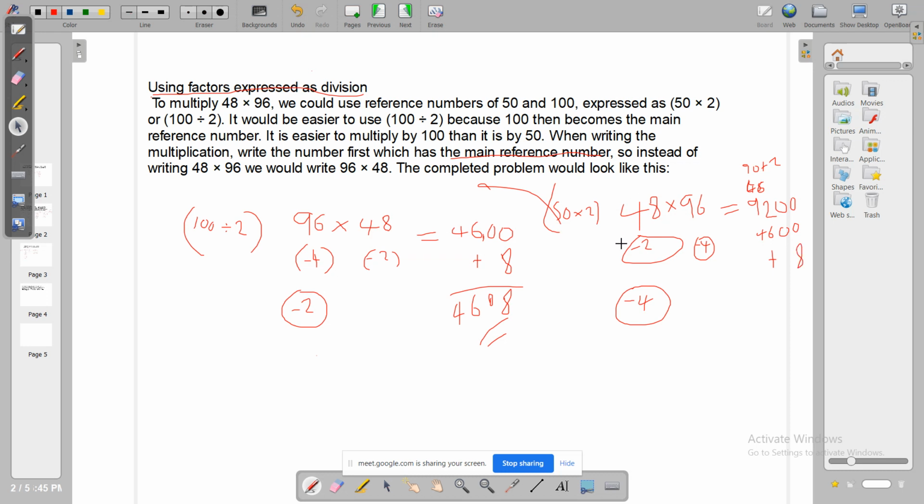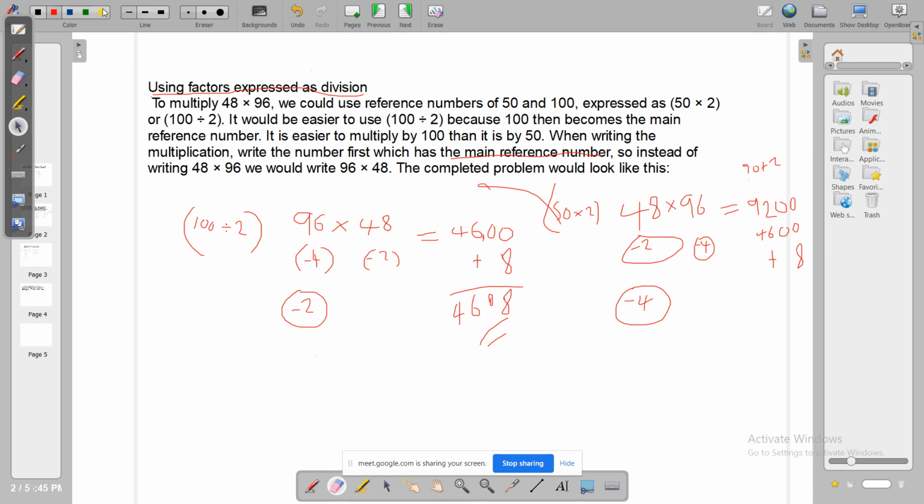What is written under 8? It is the 46 that I did. I just break this one down. This is what I did.